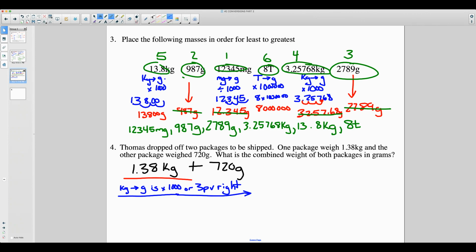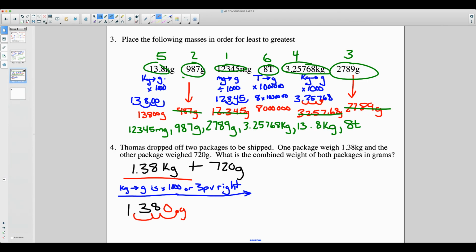So if I write out 1 and 38 hundredths of a kilogram, what I need to do is move it 3 decimal places. 1, 2, 3. Here's my new value. And so you can see that now I have, and that would be in grams.